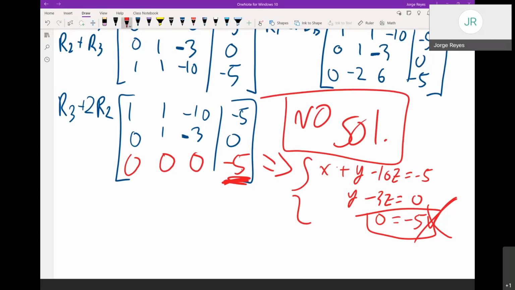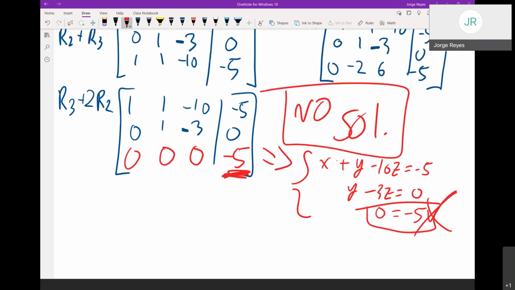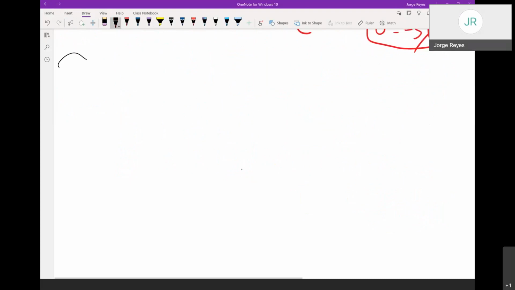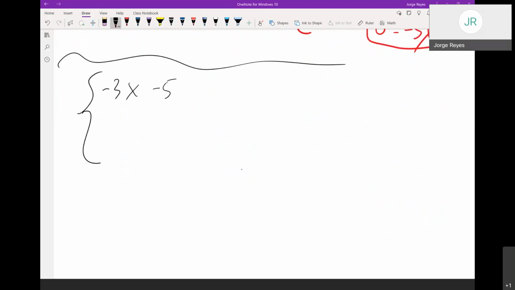Now let's do the infinitely many case. Again, you're not really going to know it's infinitely many. You're just going to see a system and it's just going to tell you to solve.